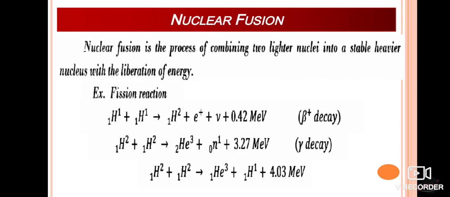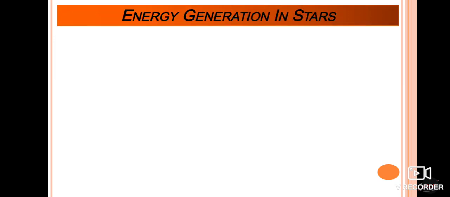Similarly, one more point to remember: the energy released by fusion is greater than the energy released by fission. Next we will discuss energy generation in stars, or stellar energy.